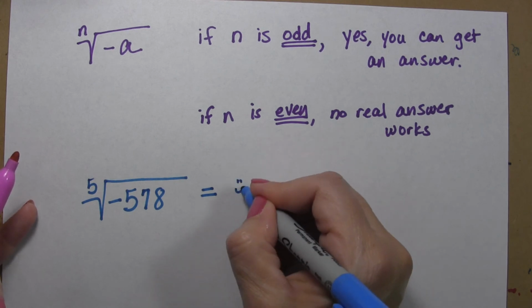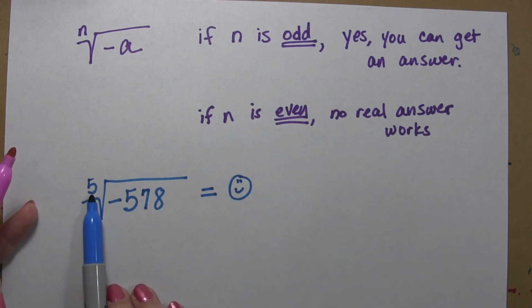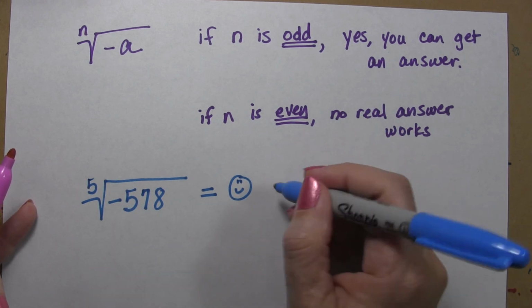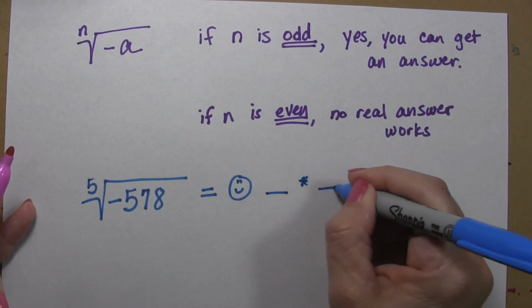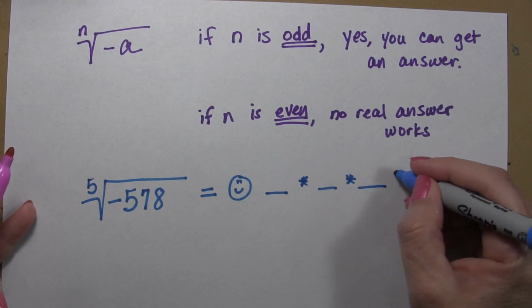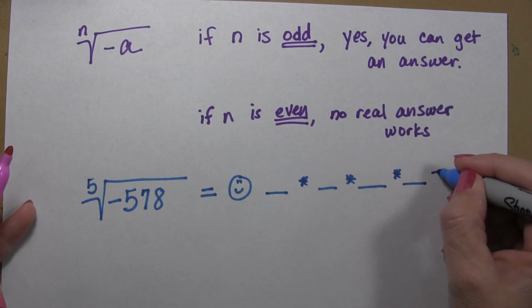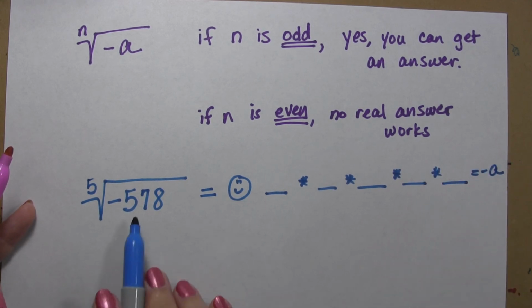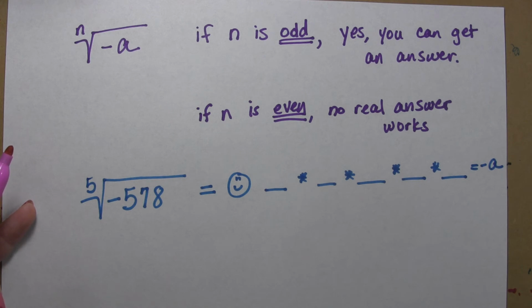Why, yes, you could, because this is an odd n, and so you could get an answer because you would be multiplying 5 negative numbers together to get you a negative 578.